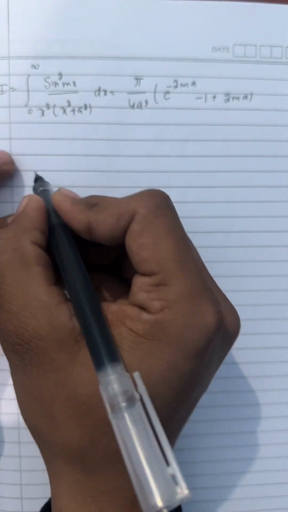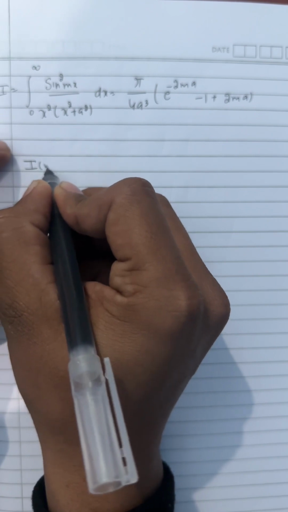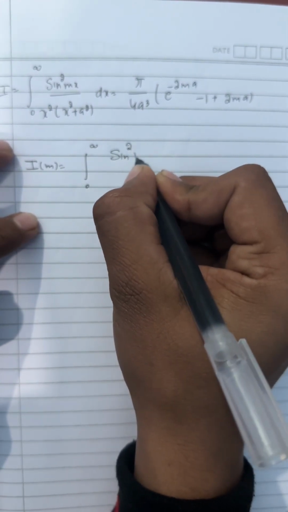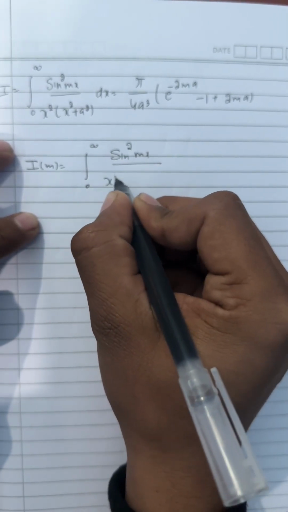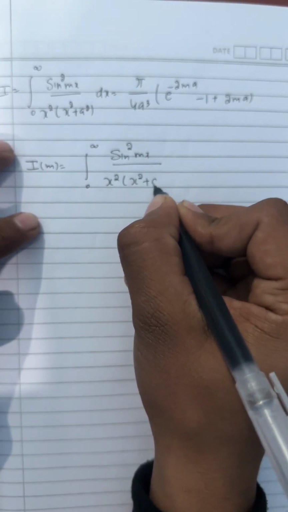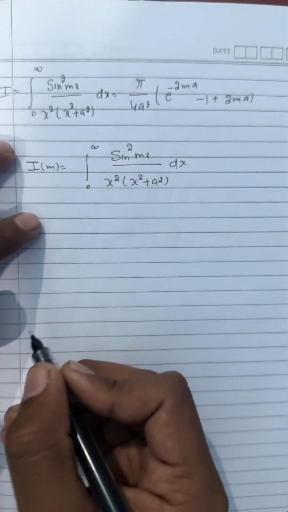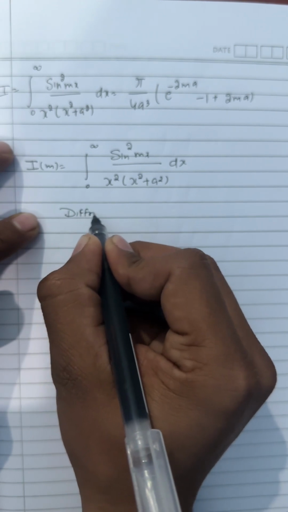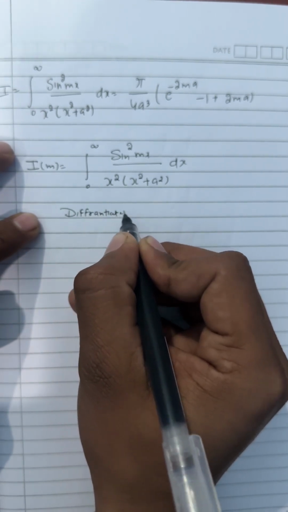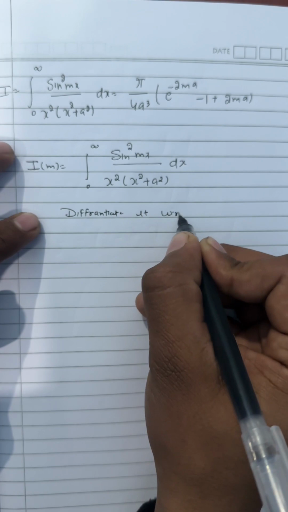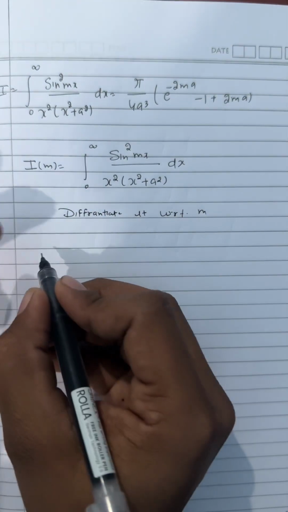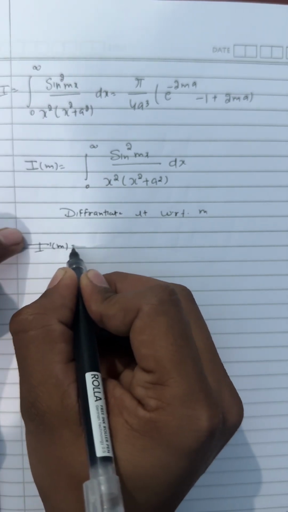So let's call this I of m. Okay, I am going to differentiate this with respect to m.